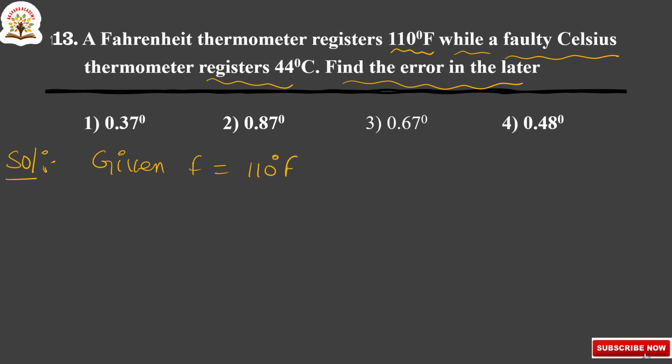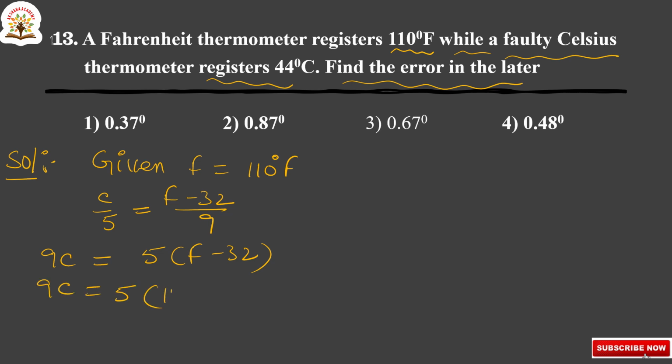Now, the relation between Celsius and Fahrenheit is C by 5 is equal to (F minus 32) by 9. Taking cross multiplication, 9C is equal to 5 of (F minus 32). So 9C is equal to, in the place of F, writing 110, they have given F as 110.